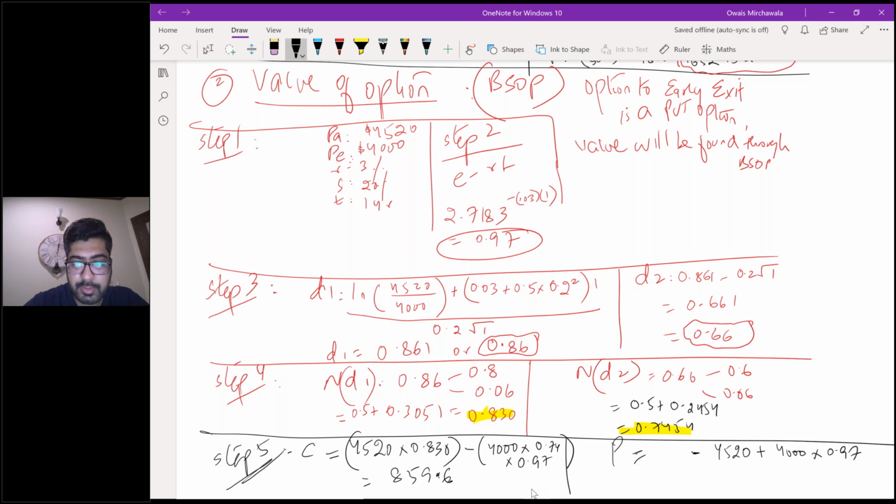And here this 859.6 is needed. So 4000 into 0.97 minus... 220, the put option value or the premium you have to pay to get this option.